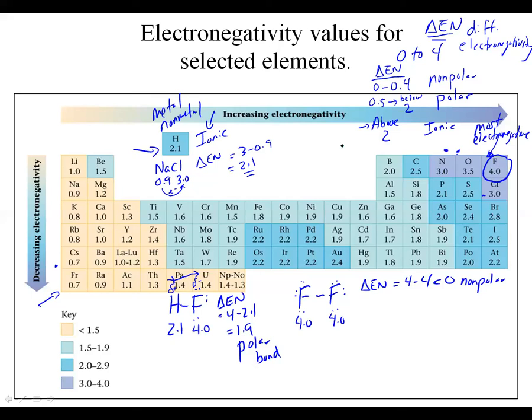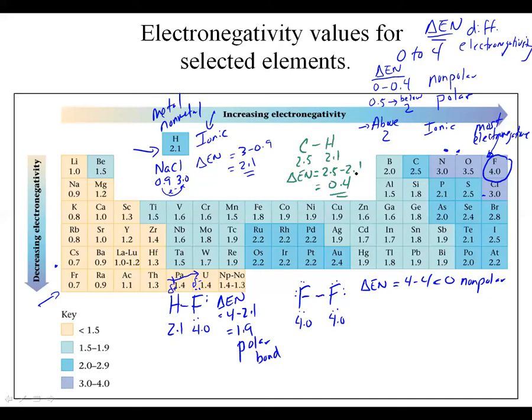Another very common bond that we come across is the carbon-hydrogen bond. If we look at the carbon-hydrogen bond, carbon has a value of 2.5, and hydrogen has a value of 2.1 in terms of its electronegativity. So when we do the difference in electronegativity, that's going to be 2.5 minus 2.1. That is going to give us our difference of 0.4.